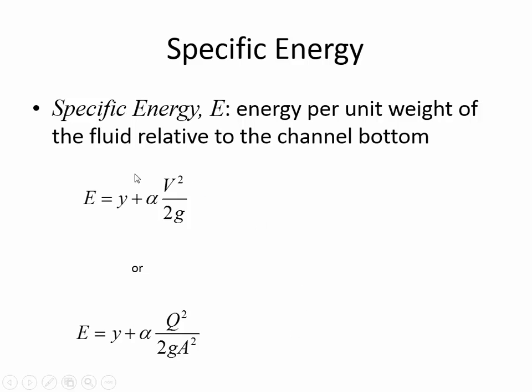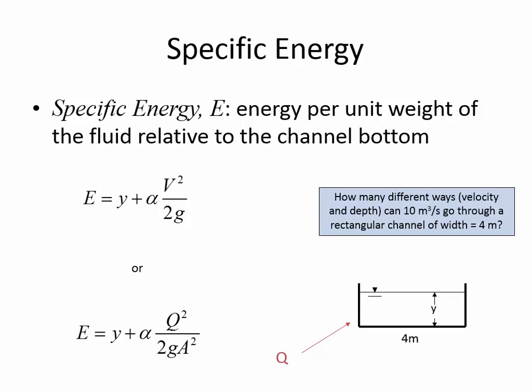So here we're saying E, meaning specific energy, is the depth and the velocity head. And we've made the typical substitution in this lower formula. Instead of having it in terms of V, we have it in terms of Q. Because sometimes when we don't know the depth or the velocity, it's more convenient for us to express this in terms of flow rate, which may be known.